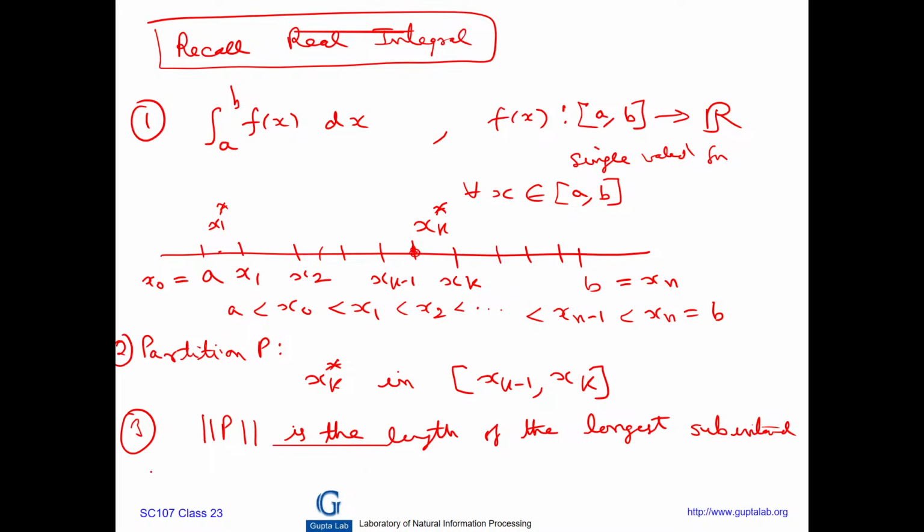Now if we form the product f of xk star times delta xk, what will f of xk star be? It is the height of that subinterval, when you compute the area. Delta xk is the width, times the height, f of xk star at that point. This is true for each k, k equal to 1, 2, up to n.